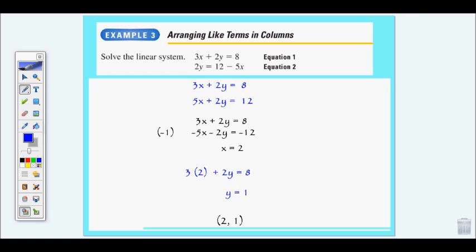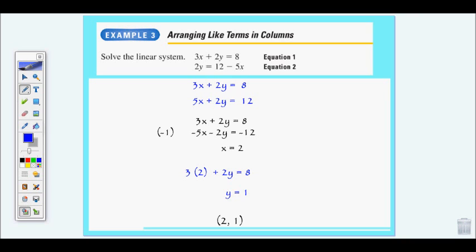Again, you can take the shortcut of crossing the river. Just be careful with that. The only term I moved in equation 2 was the negative 5x. When it crossed the river, it went to the other side of the equal sign and changed to a positive 5x. I kept my constant term 12 on the right side of the equal sign, so it still stays a positive 12.